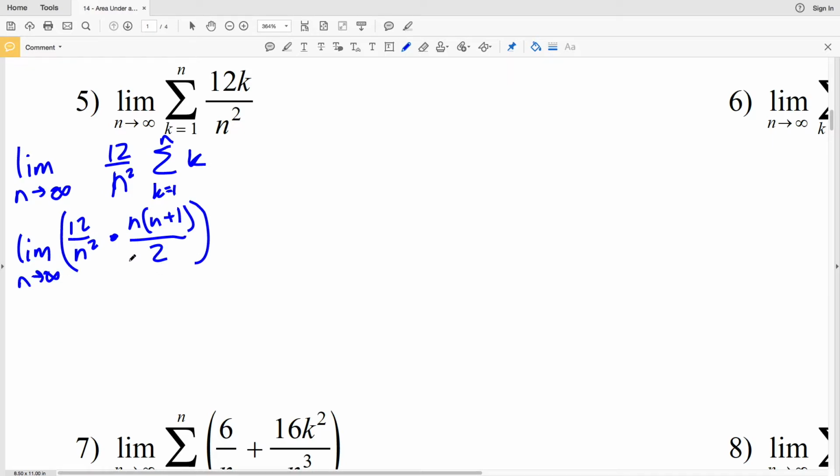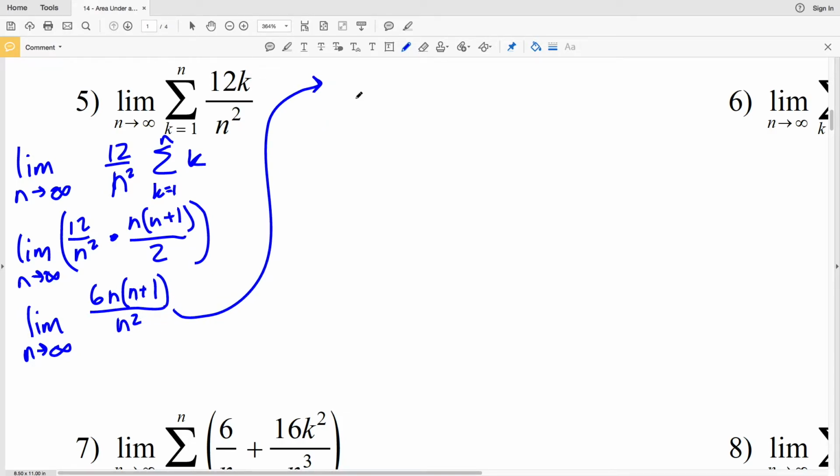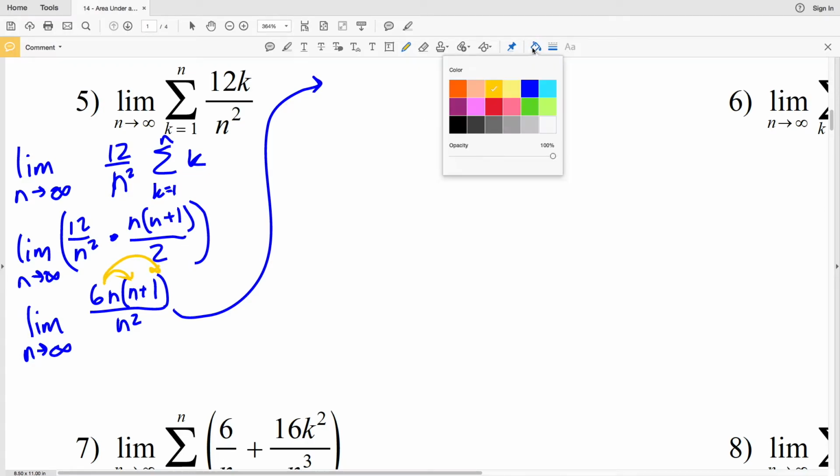So let's do a little bit of simplification. 12 divided by 2 will give me 6. So I'll have the limit as n approaches infinity of 6 times n plus 1 all over n squared. Continuing my work, I'll distribute that 6n. 6n will get multiplied to n and multiplied by 1.